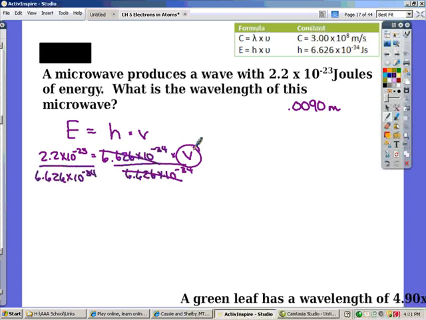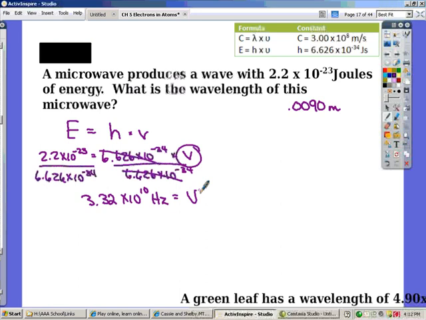I can solve for V now. And again, I probably should use that N over D button. And when I did that, I ended up getting a frequency of 3.32 times 10 to the 10th. That would be hertz. And that was equal to my frequency.